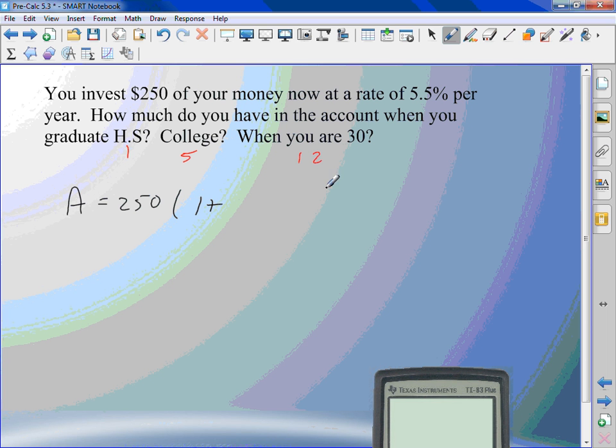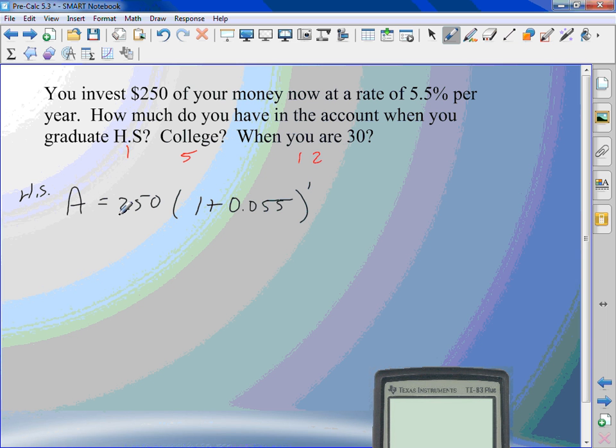But I don't write 5.5%, I write 0.055. Move the decimal over 2 places. To the first power. Do you have to put that one also? You don't have to, because everything is just automatically given to the first power. This is the only work I need to see.